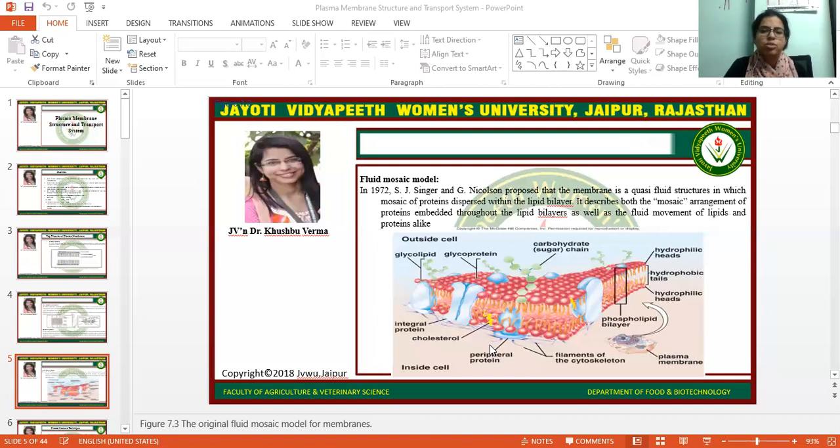If the temperature goes down, they will create a barrier for the lipid bilayer molecules, so that tight packaging will be avoided. So that's how these sterols behave in a dual nature. It depends on whether the temperature is going high or low. So this is the most accepted model, which is the fluid mosaic model.